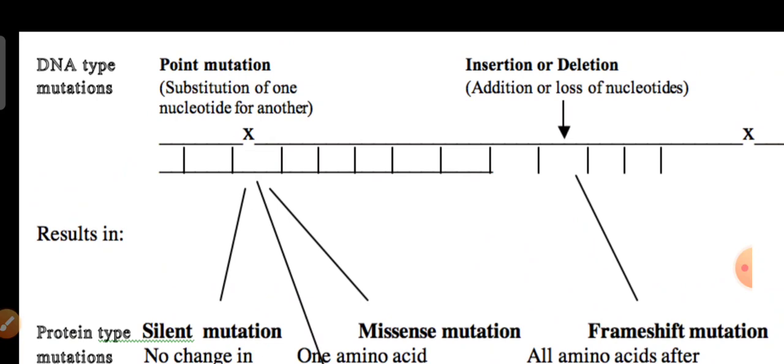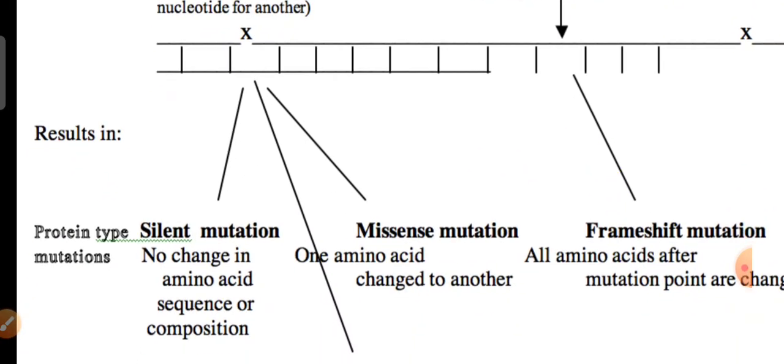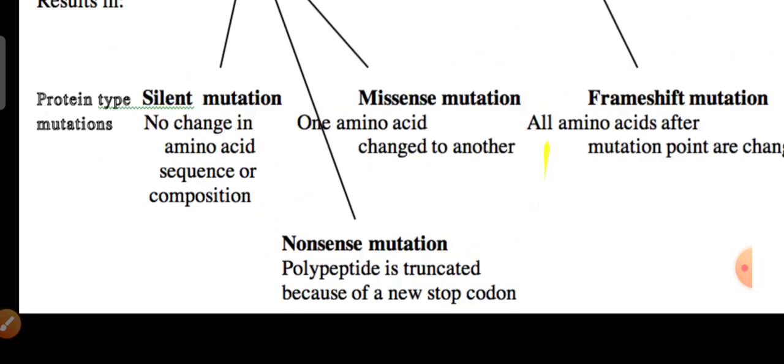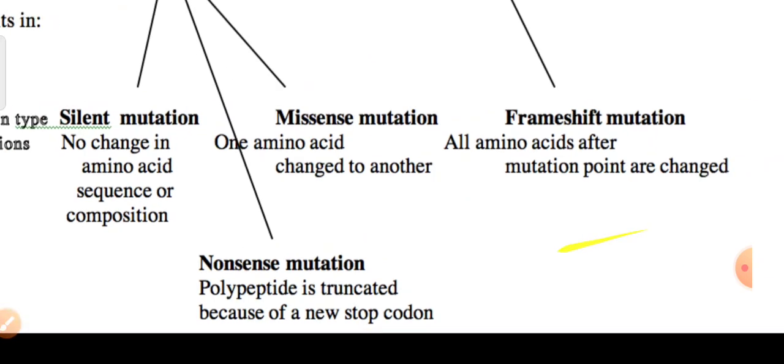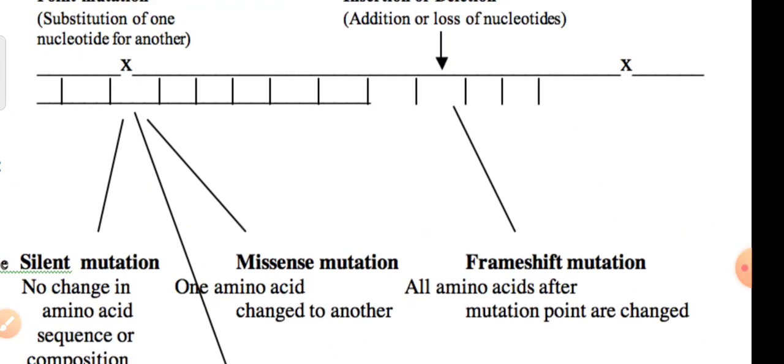Base pair substitution leads to various types of mutations. They are missense mutation, nonsense mutation or silent mutation, and mutations in termination codon that we are going to study later. When mutation occurs because of deletion or addition of a base, it is called frame shift mutation.